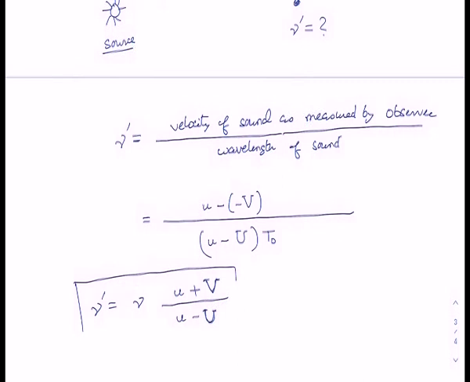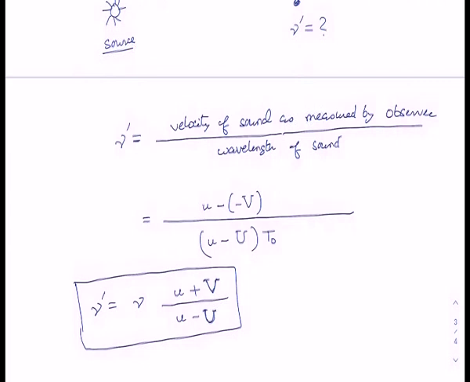So in this formula, both the observer and the source are moving towards each other, and you see that the numerator is increasing, the denominator is decreasing, thereby enhancing the observed frequency, which physically speaking has to be the case.